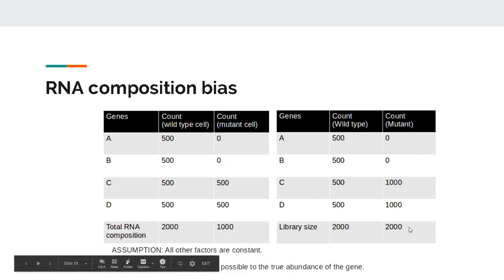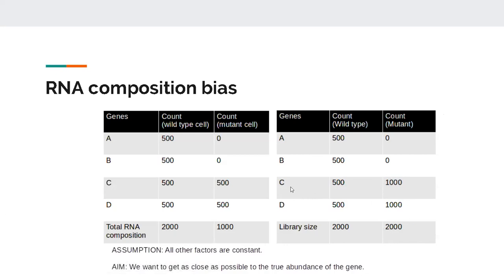Remember, the library size is the same, so to make up for that, you might end up oversampling the reads from C and D as well. So it might appear that C and D are also differentially expressed in addition to A and B, but in reality we know that this was not the case. Only A and B were being differentially expressed.